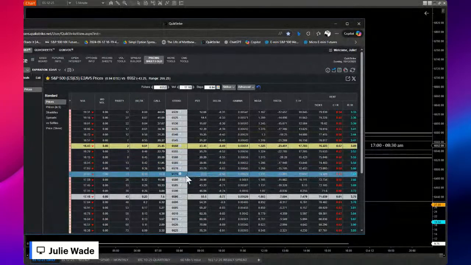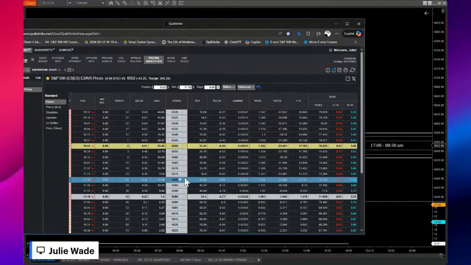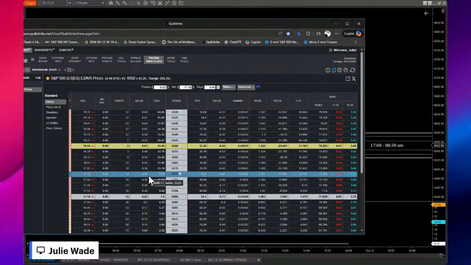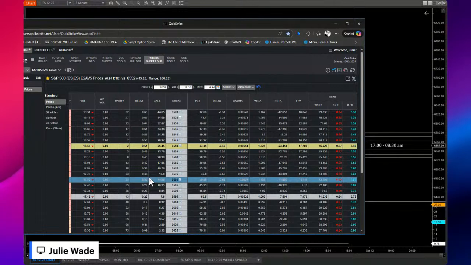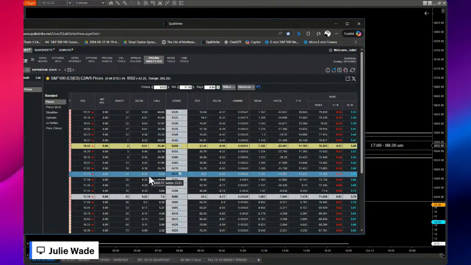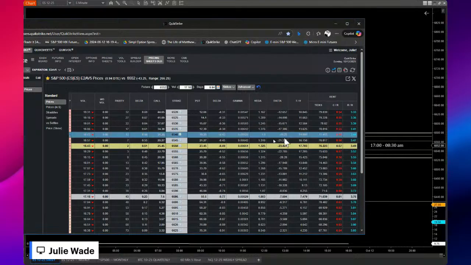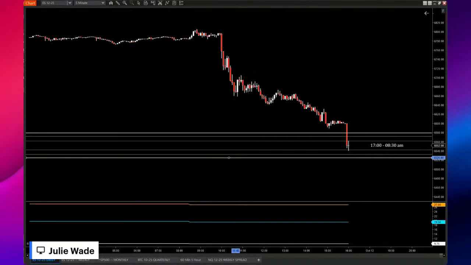65.79 is inside the ones at 32 delta. 65.75 is your 35 delta. So that definitely looks like it could be an inflection level. And to the upside, 65.7, to the downside at 65.32.